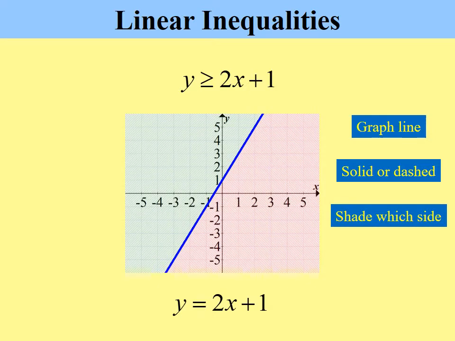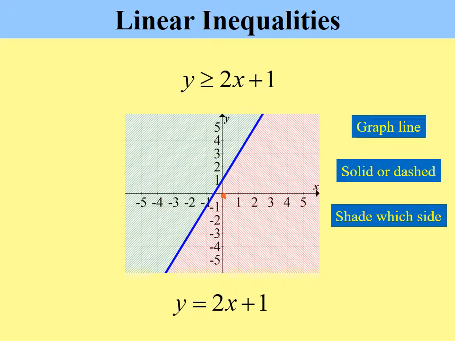And finally, we need to decide which side of the line to shade. I've got these color-coded, red and green. We need to decide whether to shade above the line or below the line. The way to decide that is to pick a point somewhere that we know is obviously above or below the line.